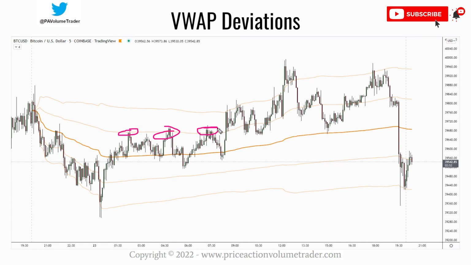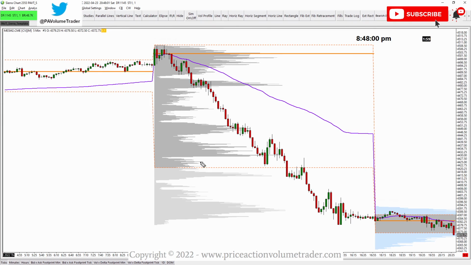But you can see how price will usually respect these deviations pretty well, and you can not only use them as targets, but also, if we have a strong breakout off of them, then we can start using them as retests, either to go back into VWAP or into the next deviation, etc. And these ones are especially useful in strong trending days.